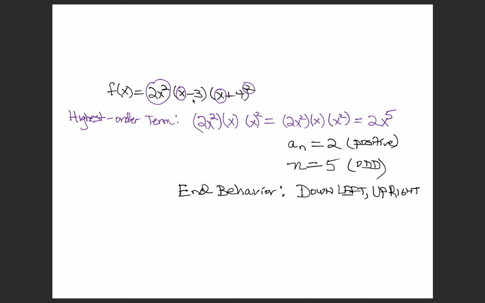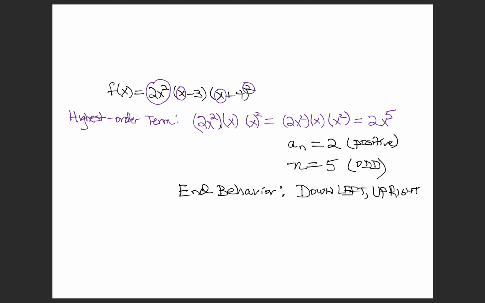For x minus 3, x is the higher order term, and for x plus 4, x is the higher order term. So we have 2x squared times x, and with x plus 4, again x is the higher order term, and the last factor was squared, so we take this portion and square it.